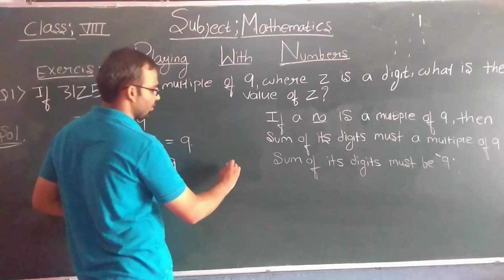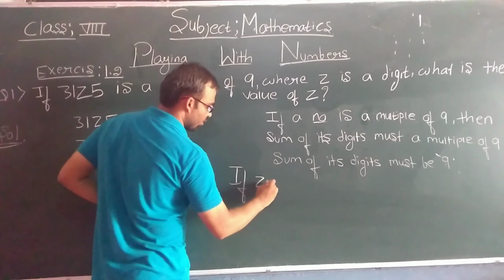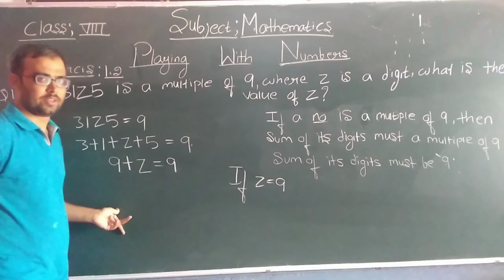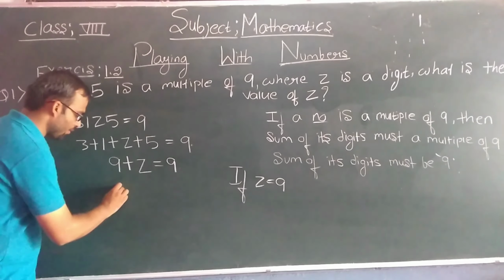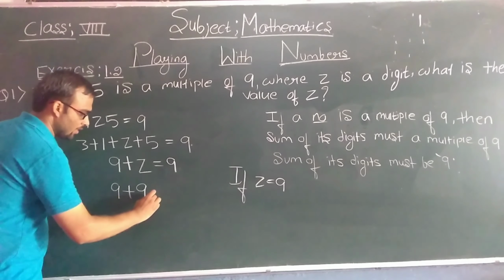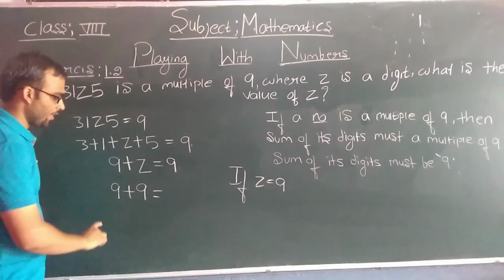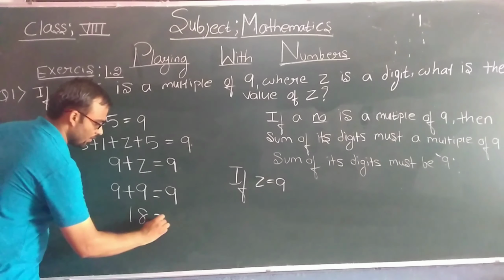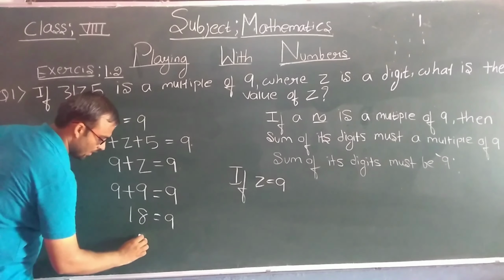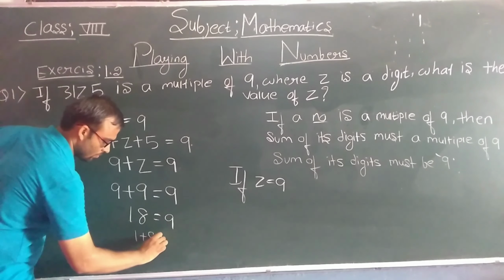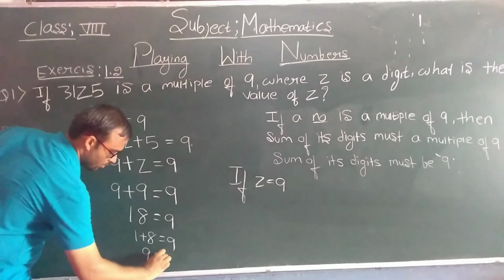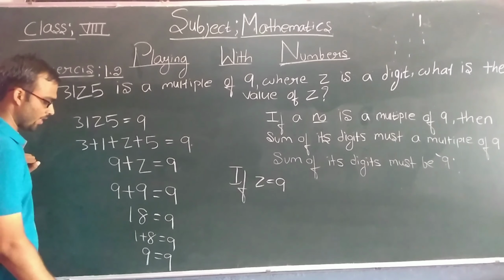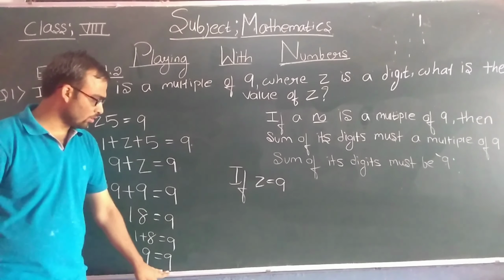If we put z equals 9, then we can write 9 plus 9 equals 18, that is 1 plus 8, 9 equals 9. So here LHS is equal to RHS.